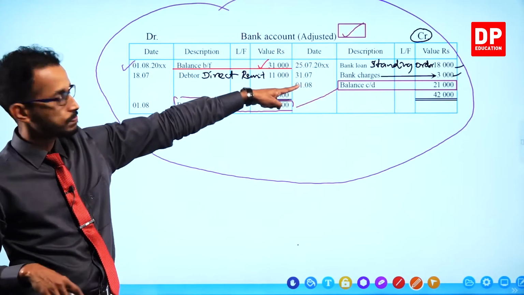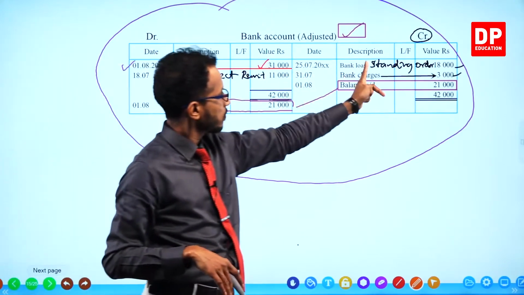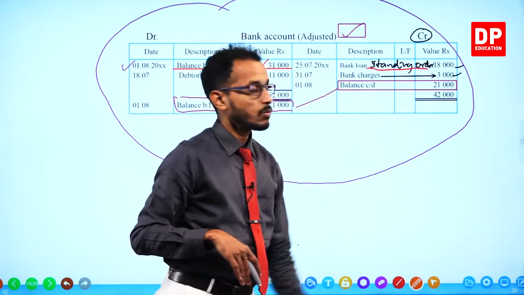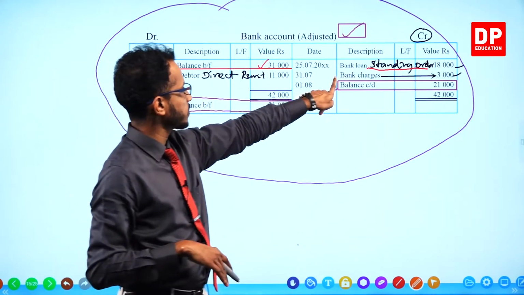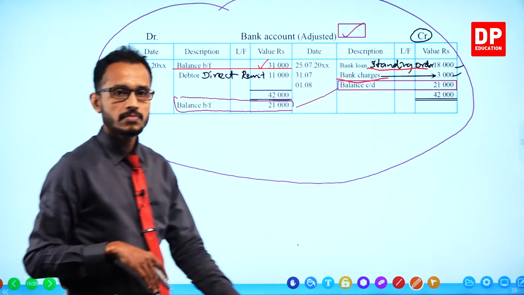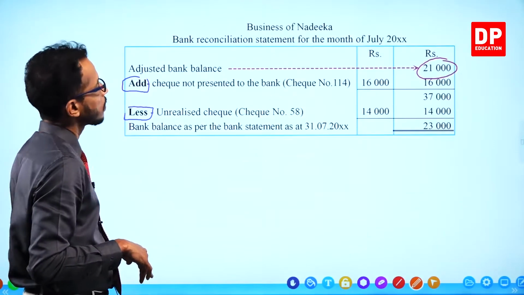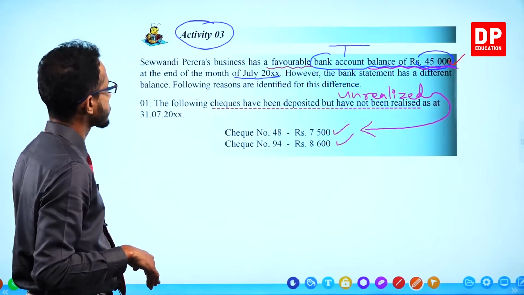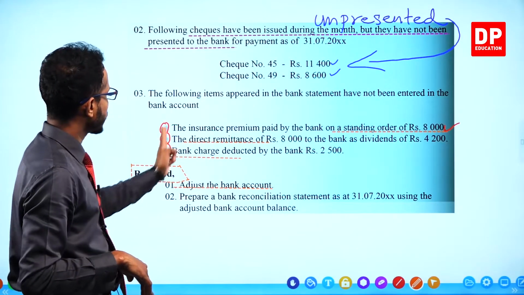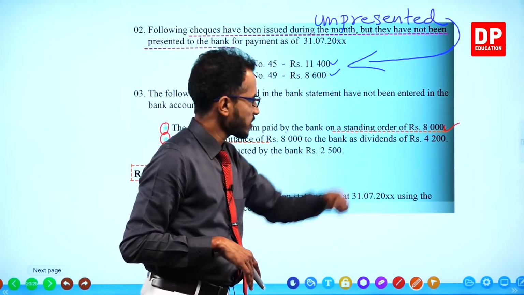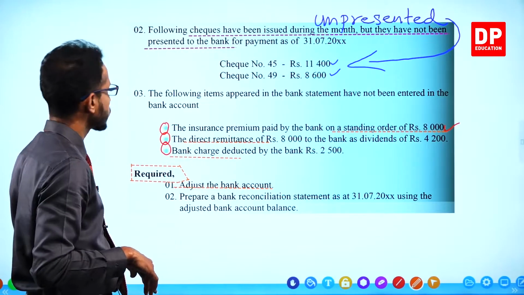Here you go. This is what we're talking about now. And the next is bank charges. Let's enter this standing order of 8,000 on the credit side.